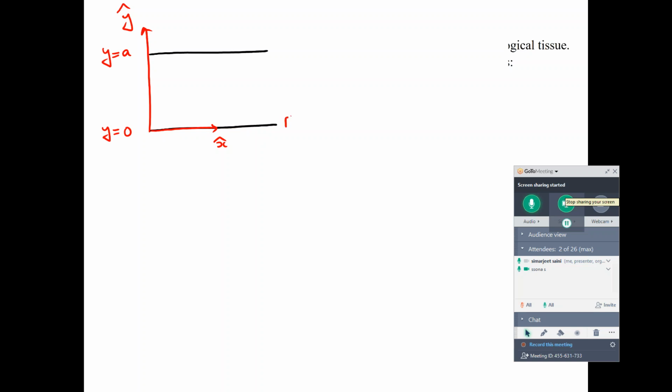It's telling me that whatever solution I have, which is pointing in x, when y is equal to 0 has to be 0, and when y is equal to a, this has to be 0 also. Those are the boundary conditions provided by the conductors.